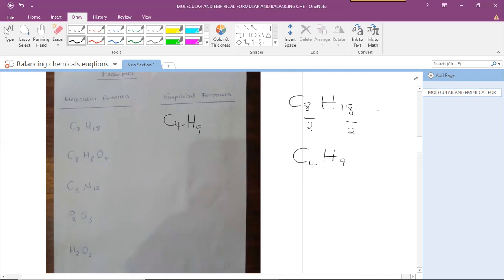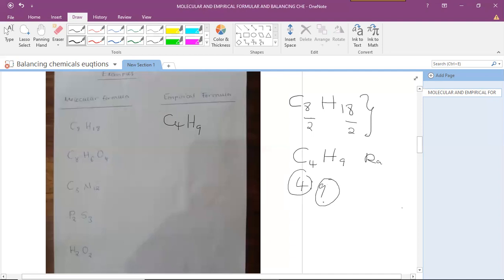Remember, this is the molecular formula, which is the actual. So this molecule has eight carbons and 18 hydrogens, but the ratio is 4 to 9. So we're going to say for every 4 atoms of carbon, there exist 9 hydrogen atoms, and vice versa.